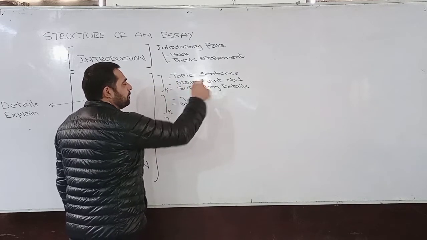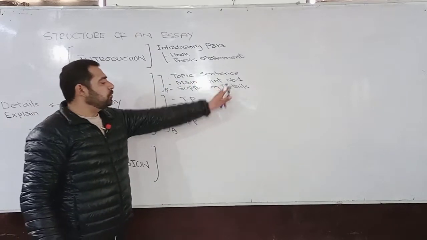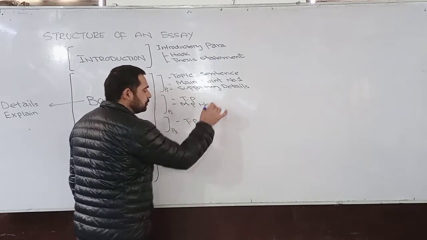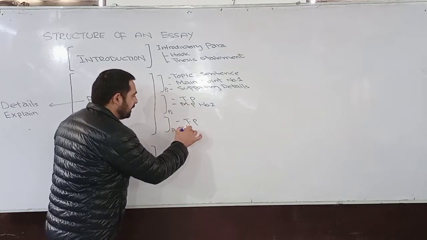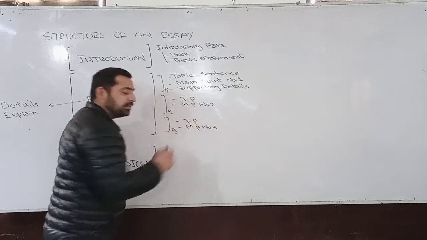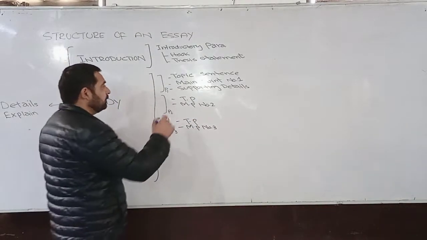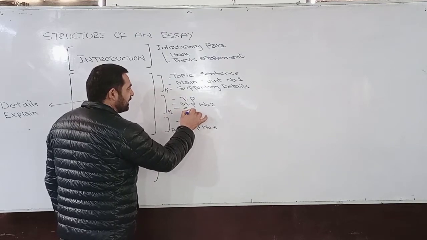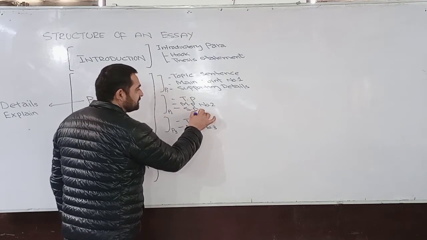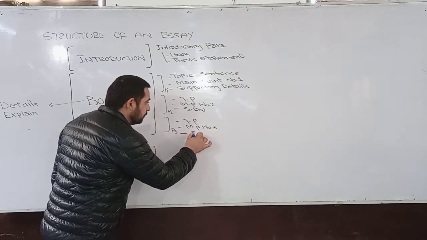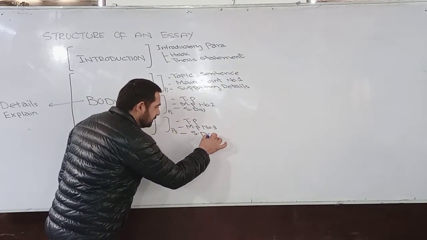MP means main point. Now here I have written 1. Let me write here number 2. And here let me write MP number 3. Got it? And here I've written supporting details, and let me use the abbreviation SD or SDs, supporting details. And same here, supporting details.